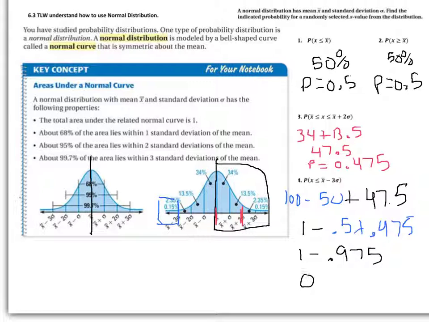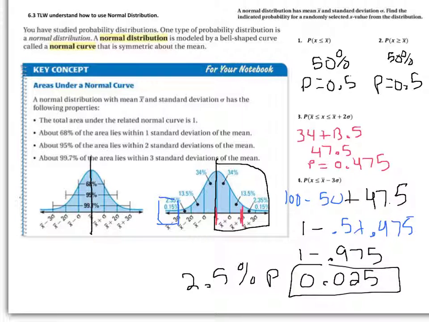So this would be 0.025 or 2.5%. So we need to know this picture. You need to copy it down because we need to be able to use it.